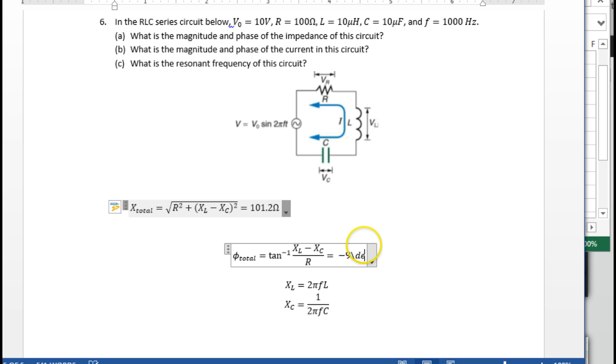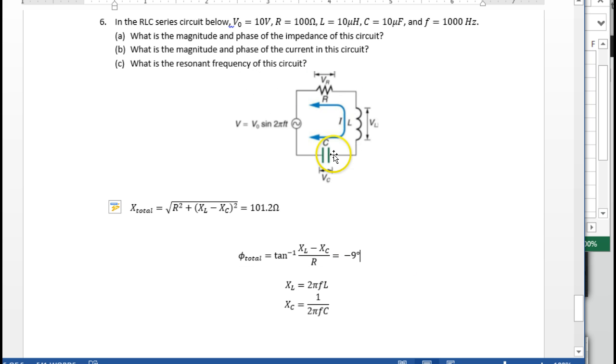Minus 9 degrees. So that gives us the magnitude and the phase of the RLC combination.